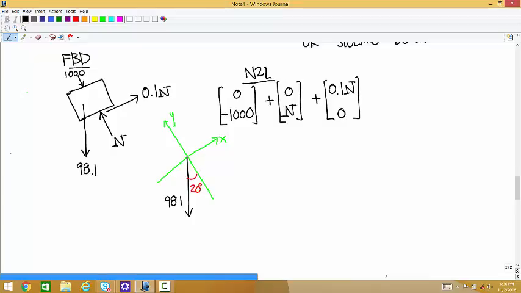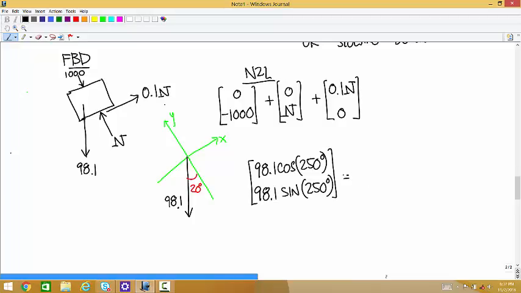So it's going to be 98.1 times cosine of 250. It's exactly the same as negative 110. And 98.1 times the sine of 250. And you get negative 33.55 and negative 92.18.